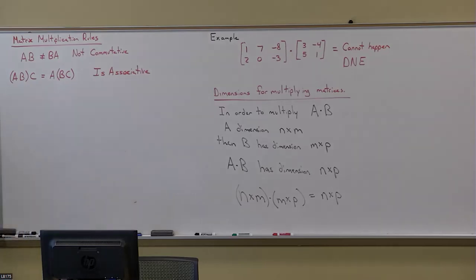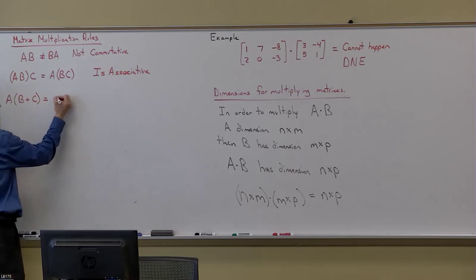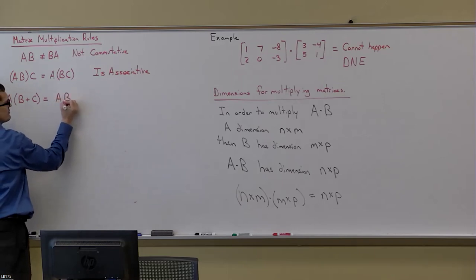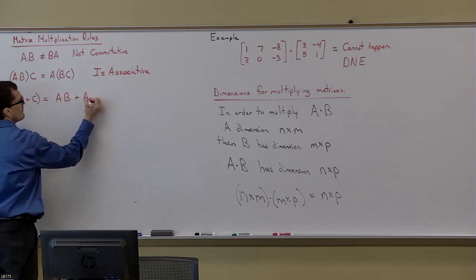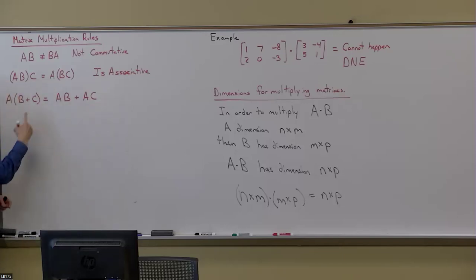As long as I have the right dimensions, I won't go into that. We also have a distributive property. You have to be very careful on the distributive property because if I take A times B plus C, when I distribute, I need to make sure that the A stays on the left-hand side since it was on the left-hand side over here.